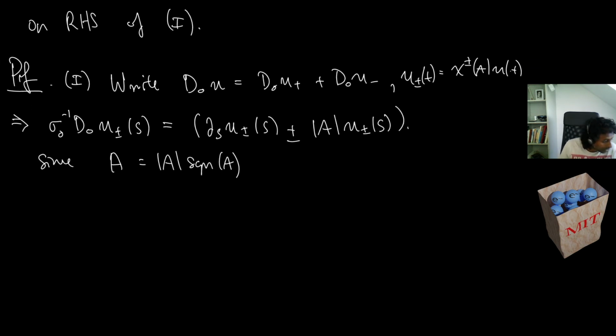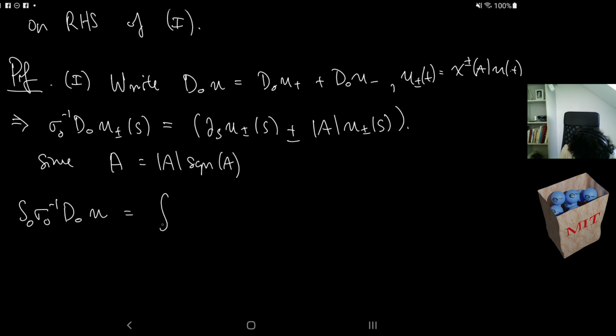All right. So sigma naught inverse d naught of u. It's just going to be the first term of our expression, because applying this for the u plus part, the chi minus of the u plus is 0. So the second term doesn't appear here.